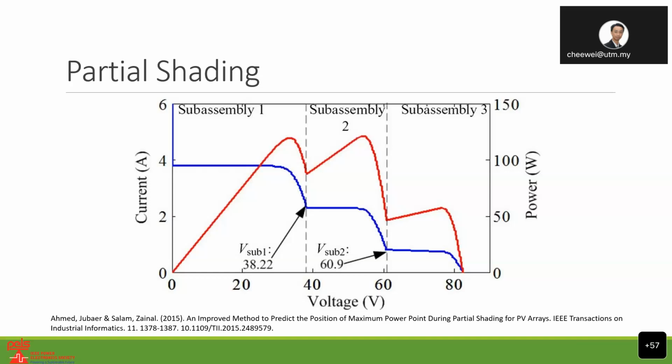After the installation, the stability issue comes again due to the nature environment, or the irradiance, because the main impact here is the irradiance. Sometimes we have a very good irradiance, and then suddenly a cloud passes by.